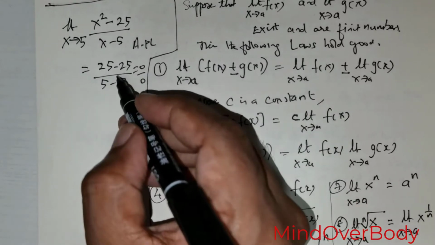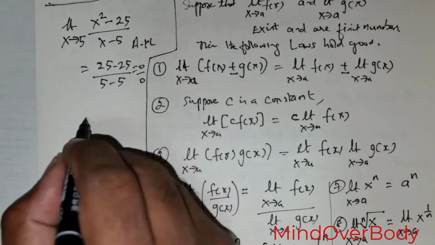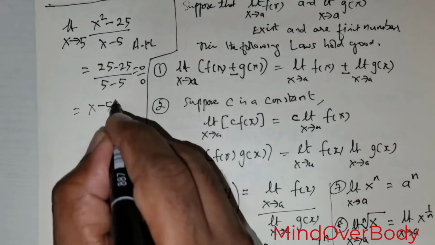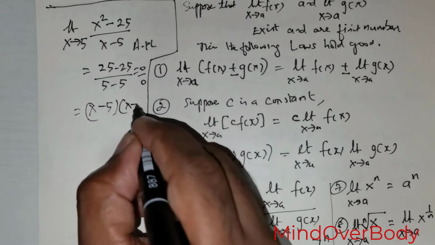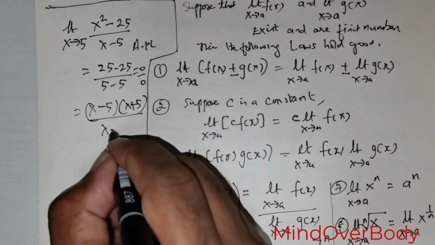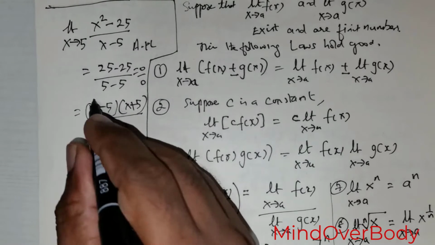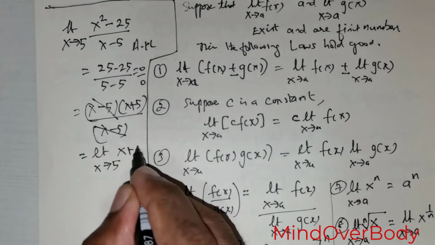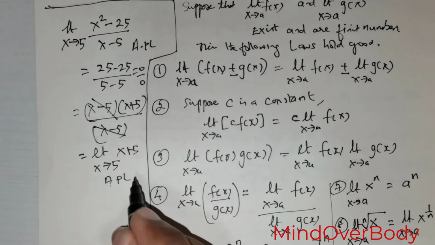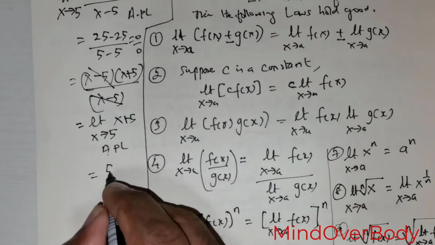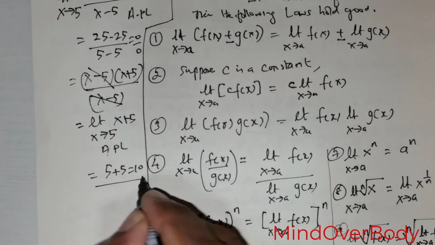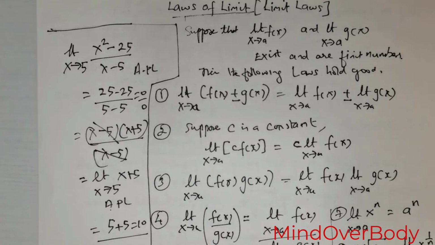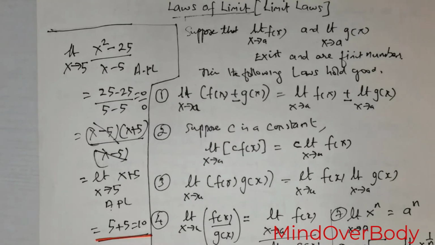But we can find out the limit using factorization. So I'm going to rewrite x squared negative 25 as x negative 5 times x positive 5 divided by x negative 5. So x negative 5 gets cancelled, giving me limit x tending to 5 of x positive 5. Now applying limits, this is going to give me 5 positive 5, which is equal to 10. So that is the solution for this question. So we will move on to the next one.